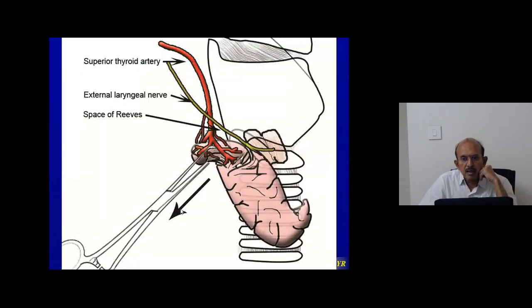So this is the picture to show you the space of Reeves. This is the lobe of the thyroid gland. This is the thyroid cartilage, and here is the cricoid cartilage, and this is the cricothyroid muscle.